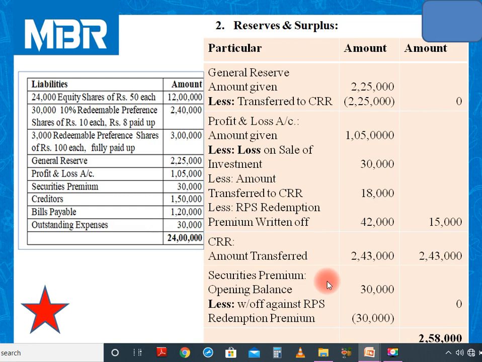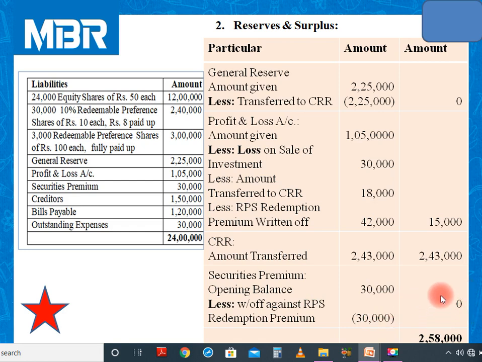Securities premium. Securities premium available over here is 30,000. And during step number 4, adjustment of RPS redemption premium, we have utilized 30,000. So 30,000 out of 30,000 utilized.